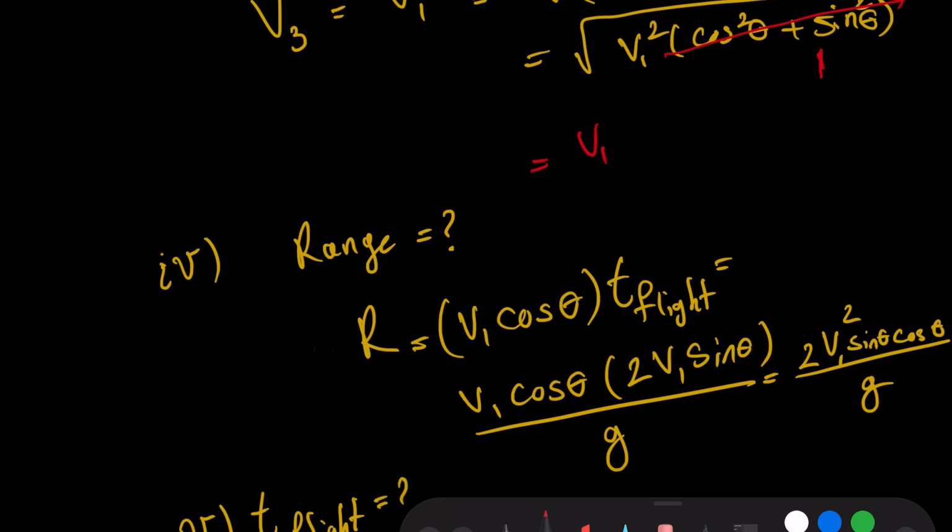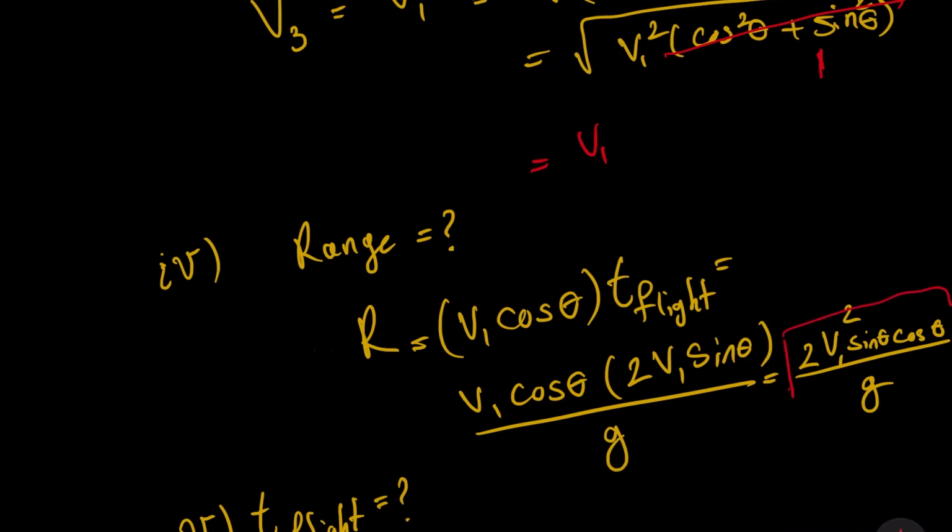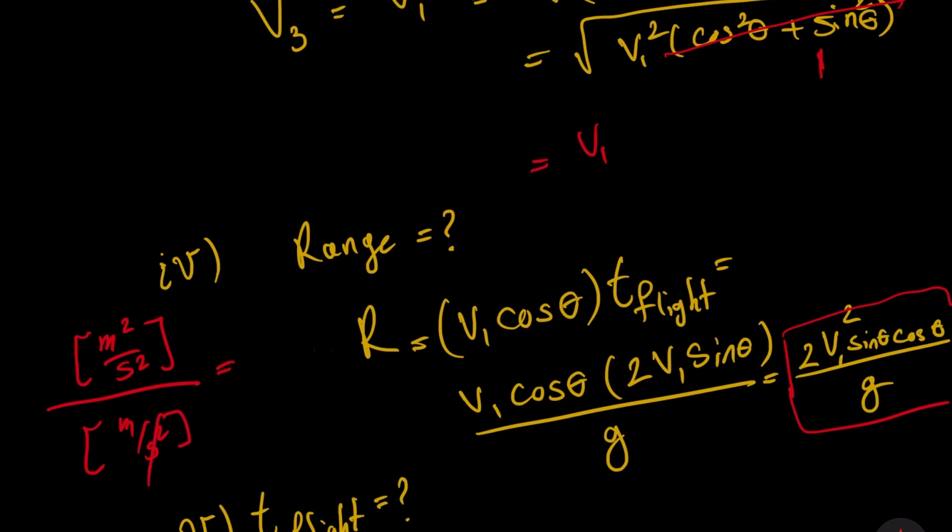This is the expression, but we can simplify it a little bit. One of the things is the dimensional analysis. Let's do that very quickly. V1 squared is going to be meters squared per second squared, that's for velocity, divided by meters per second squared, that's for acceleration. Seconds squared cancel, one of the meters cancels, we end up with meters. Great, that's range.